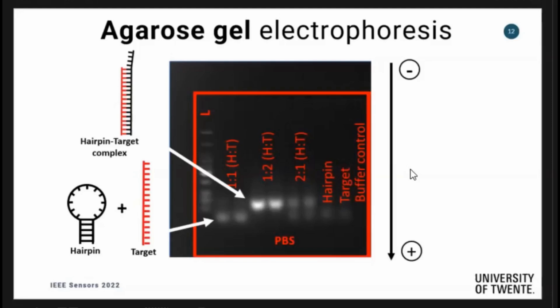But because the molecules can be bulky or less bulky, they will travel with a different speed. And over here you can see that the target complex travels less far, which is of course expected because it's bigger than the hairpin itself.